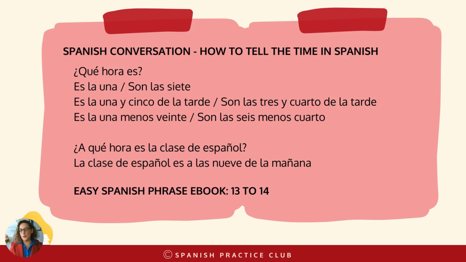So to say, for example, that it is 5 past 1 in the afternoon, we would say es la 1:05 de la tarde. Or to say that it's 3:15 in the afternoon, son las 3:15 de la tarde. If we go to the negative side of the clock again, and we want to say that it is 20 to 1, we will be taking those 20 minutes off the full hour.